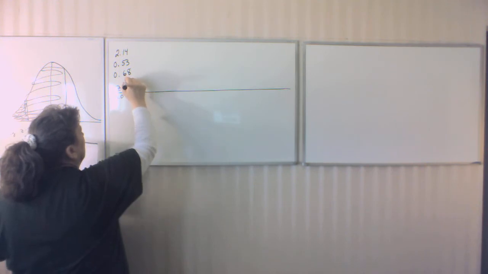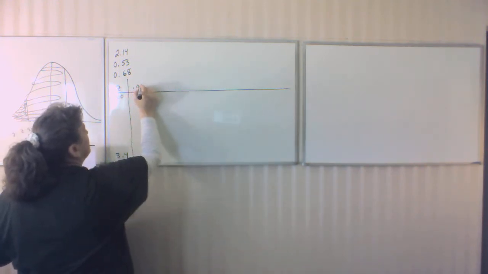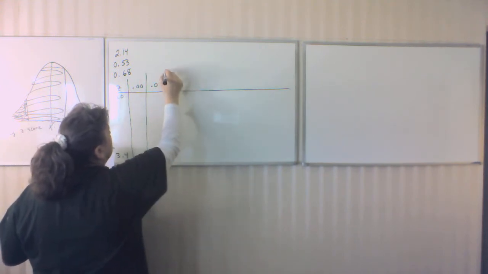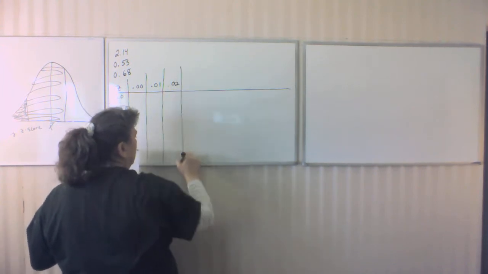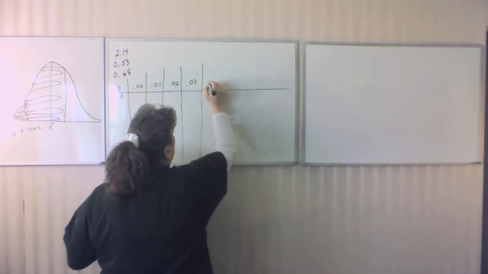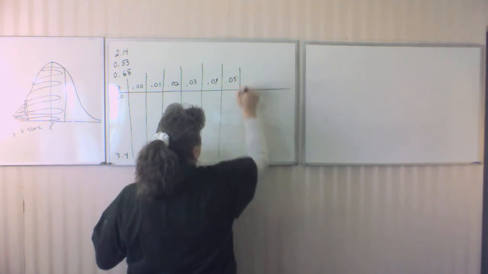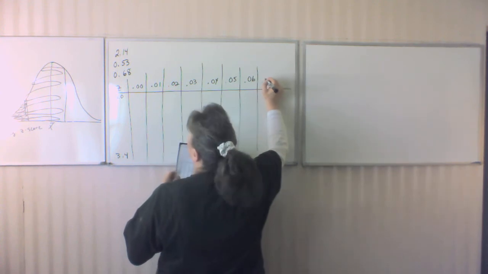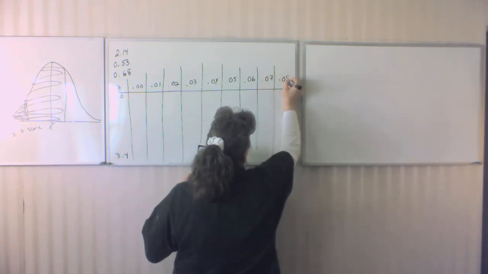And then it has a line, and then it has 0.00, and then 0.01, 0.02, 0.03, 0.04, 0.05, 0.06, 0.07, and I'm going to go up to 0.08.